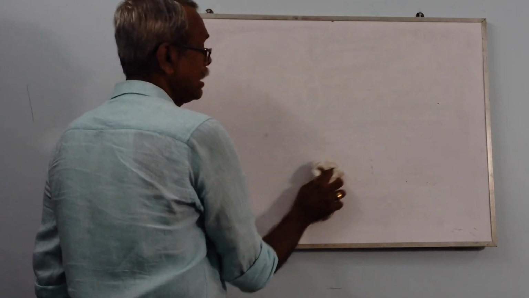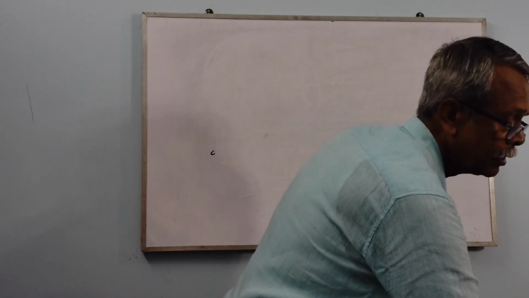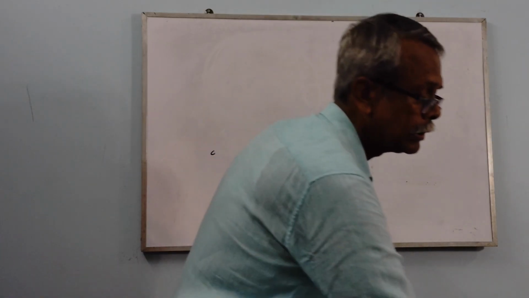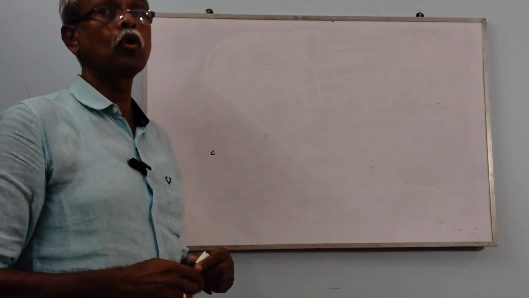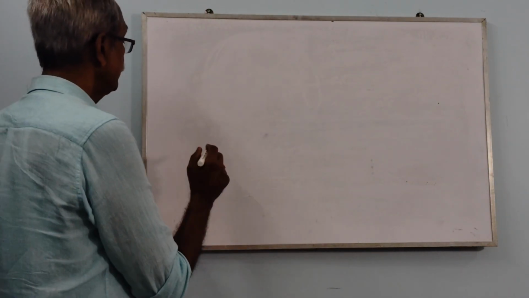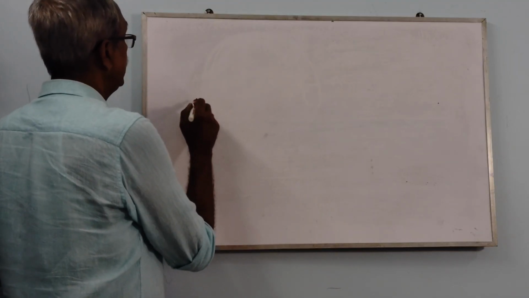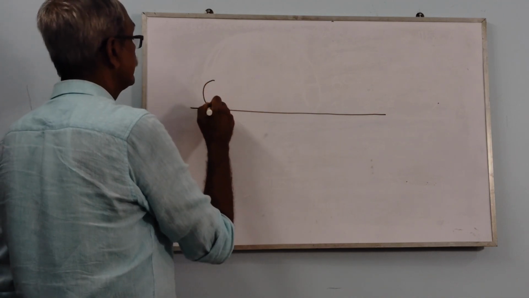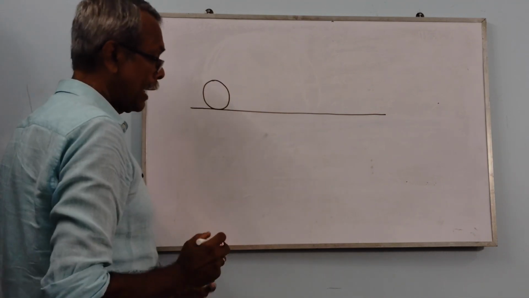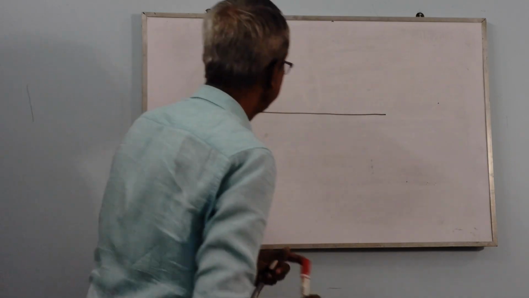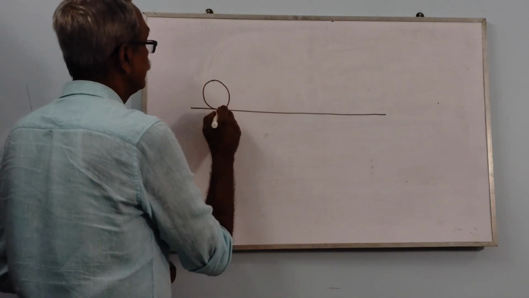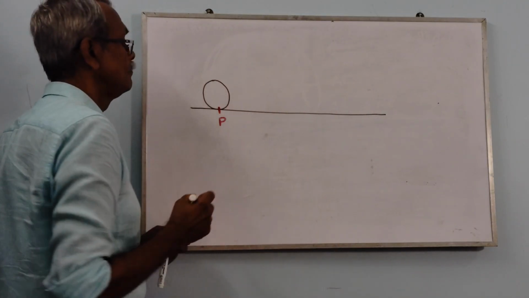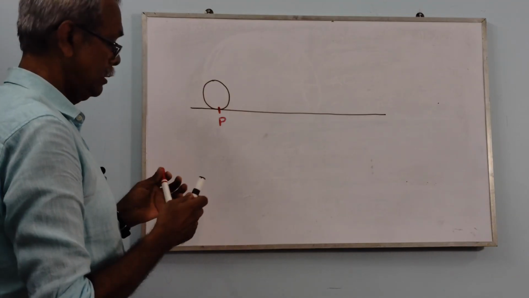Now we take another interesting question, that is the question corresponding to the disk rolling. That is a rolling disk. You consider a disk like this, or a ring, and I take a point P here, which is in contact with the ground, and this is the center.